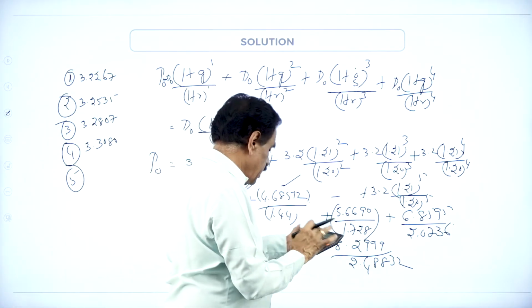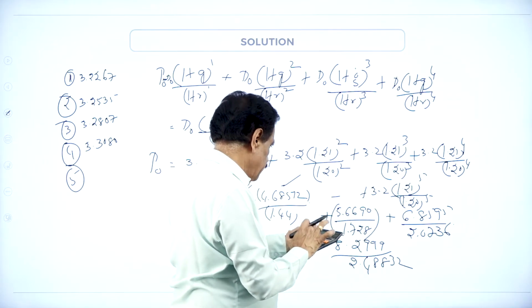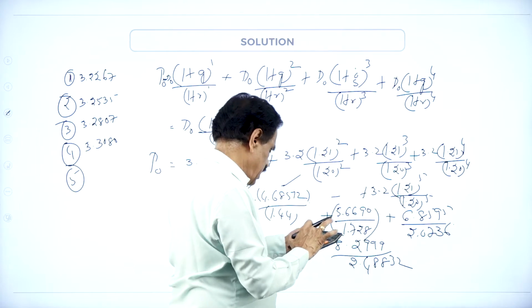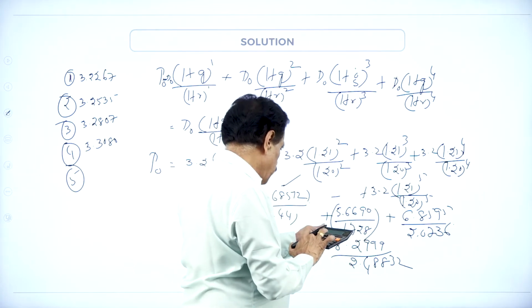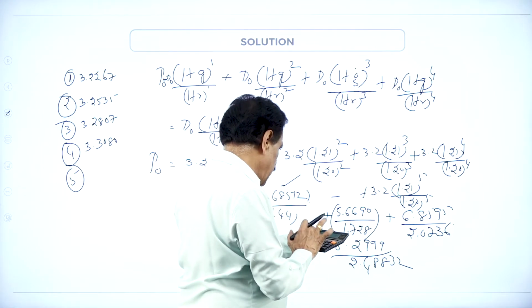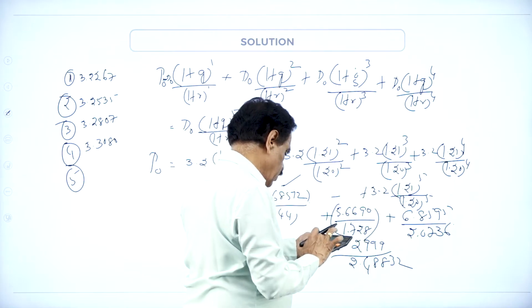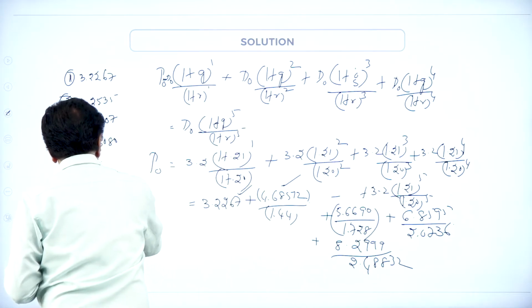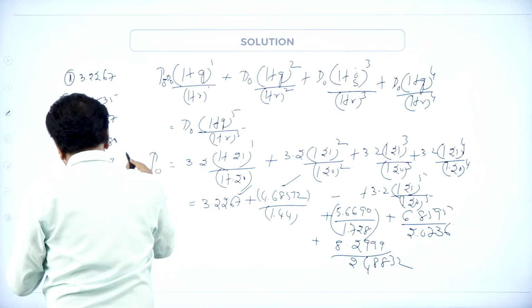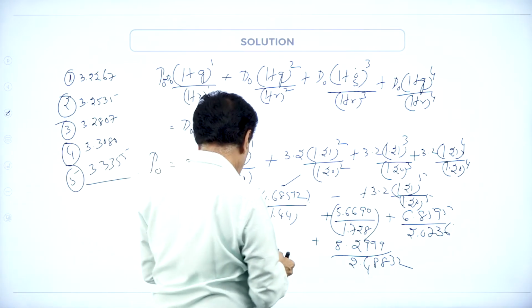Last year: 8.2999 divided by 2.48832, 3.3355. This is for the fifth year. All should be added.